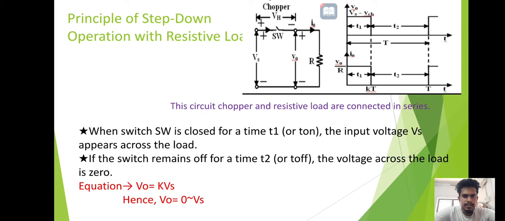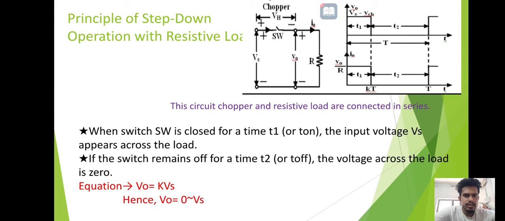Principle of step down operation with resistive load. When the switch is closed for a time, the input voltage Vs appears across the load. If the switch remains off for a time, the voltage across the load is zero.